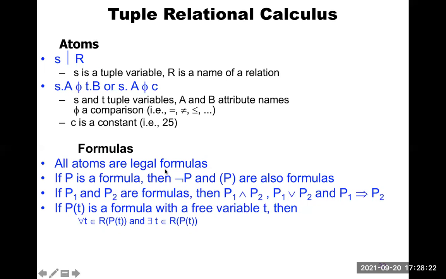And then all atoms are formulas, and we may add negation in front of a formula, and we may put legal formulas in round brackets, and we may build a complex formula using and, or, imply, and use for every variable and exists.